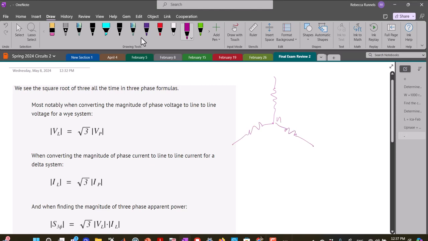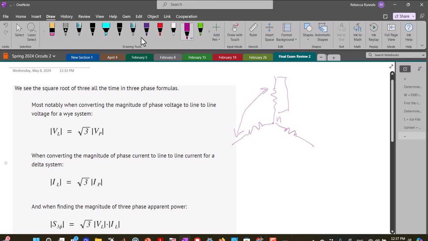then you have the neutral in the middle, and your voltage on the phase is the voltage from one end to the middle, and your line voltage is your voltage between lines.